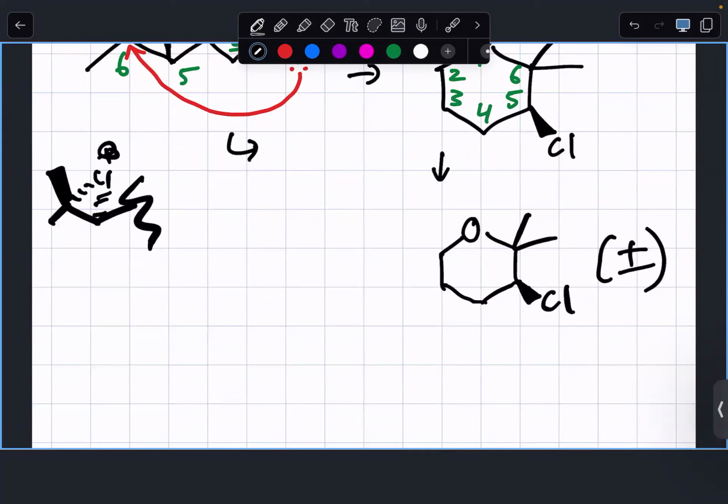But you cannot do that when there is a pre-existing chiral center somewhere else, because those will not be enantiomers. Yeah, because those will be diastereomers instead. So this is not a chiral center because those are two of the same groups, right?